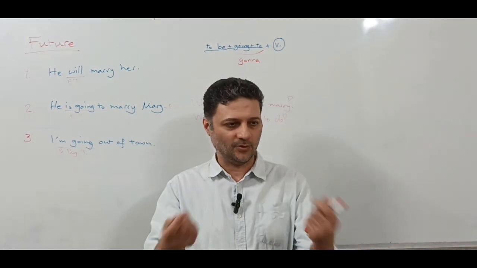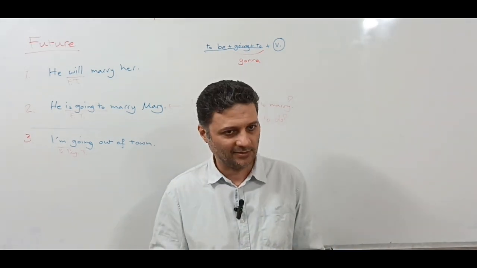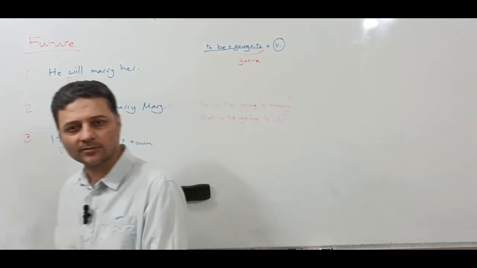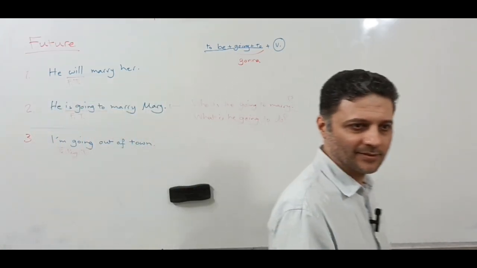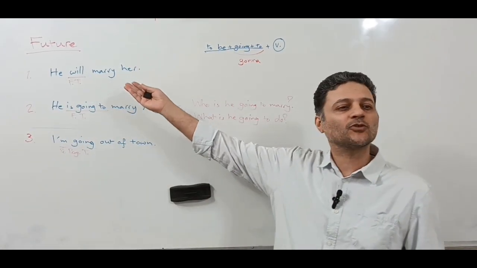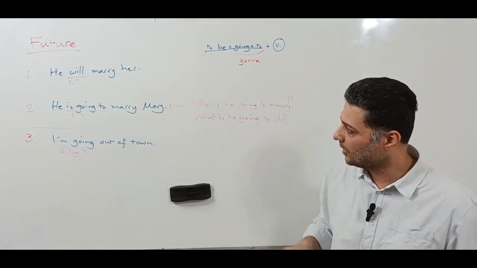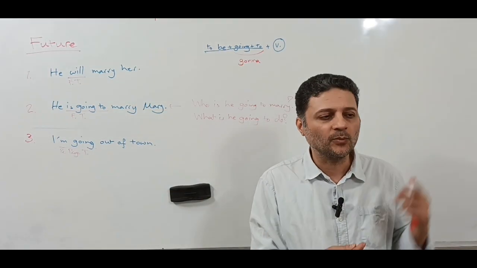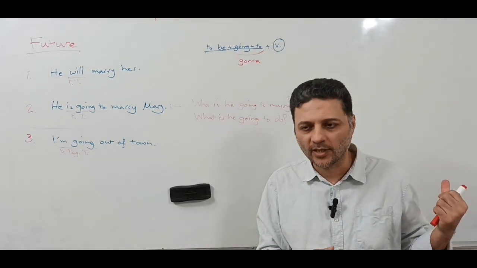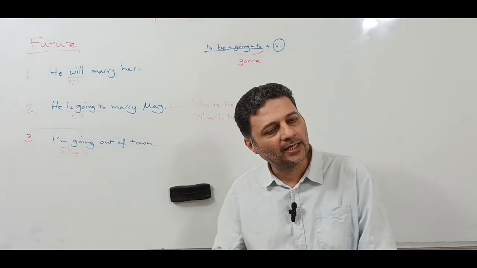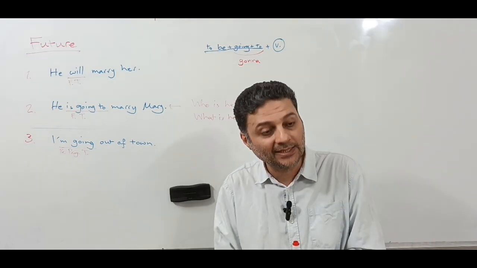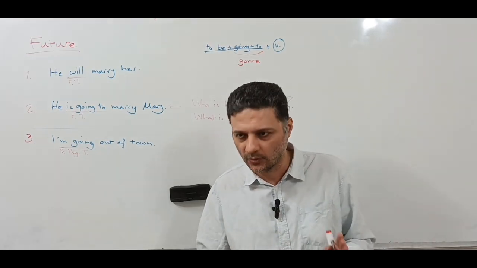You're listening to me. You're sitting in the class. Or I'm teaching future tense to you in different structures. So normally we use present continuous to refer to the present moment, the continuous action that we are doing right now.